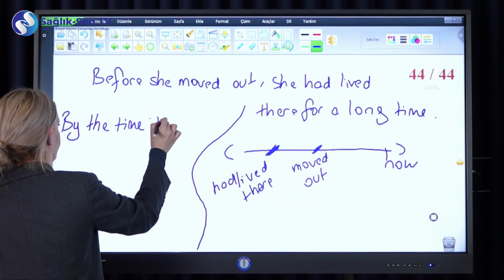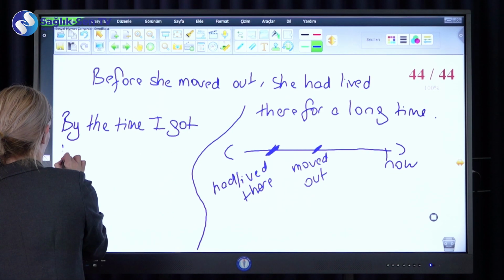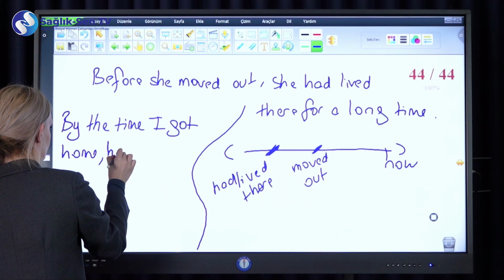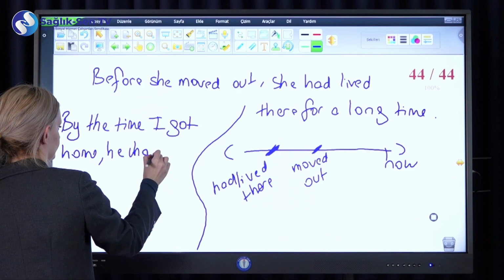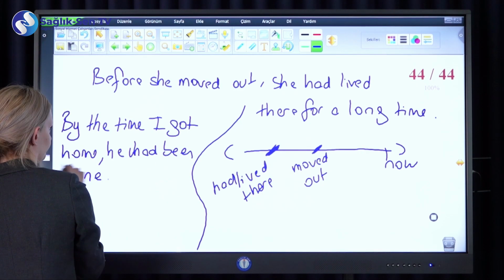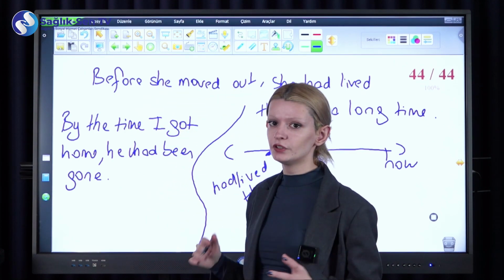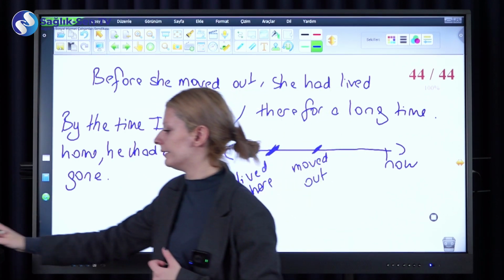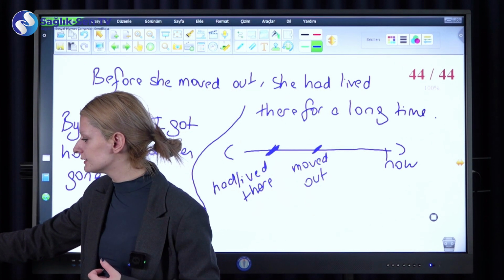By the time I got home, he had been gone. You will come across "by the time" pretty often as well.